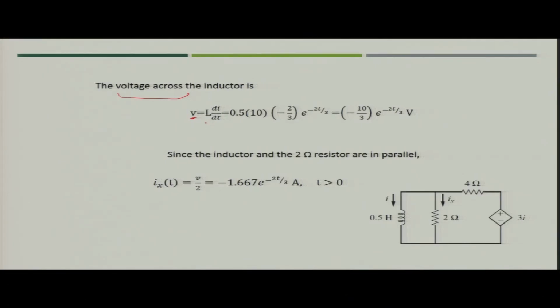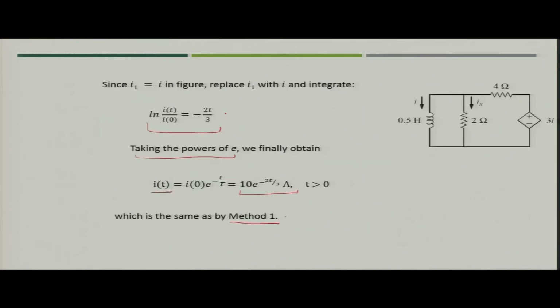So, voltage across the inductor is L di by dt. We can put the value of inductor L and the initial value of current I naught, because when you differentiate I(t), you will get the value of di by dt.